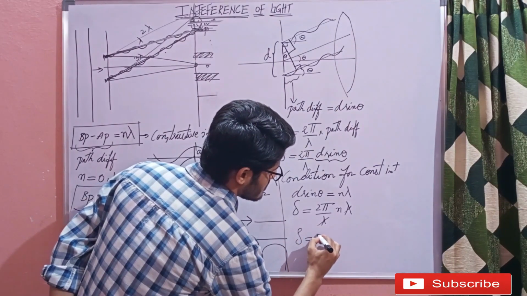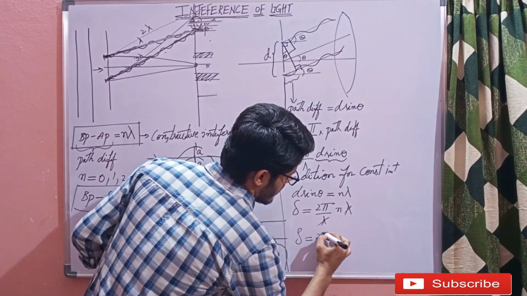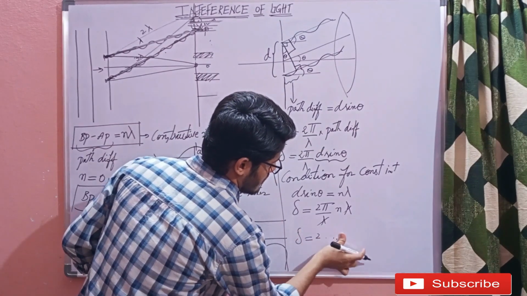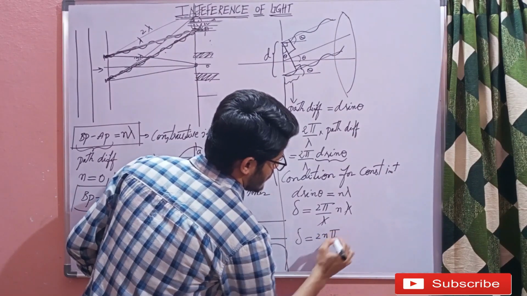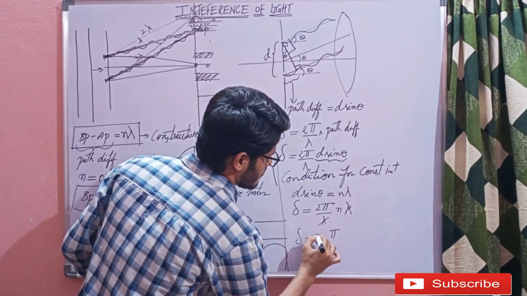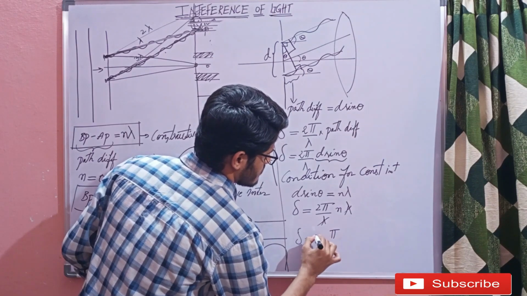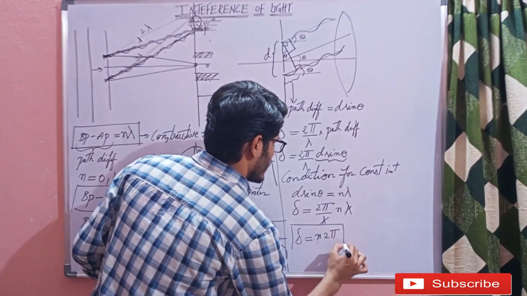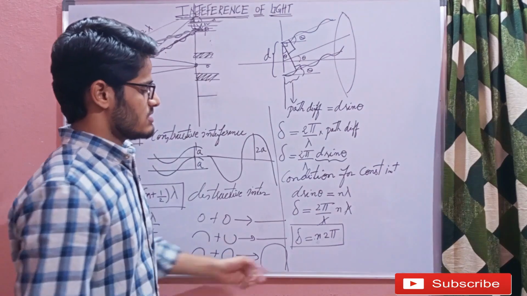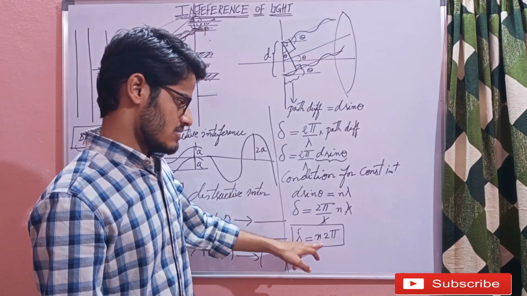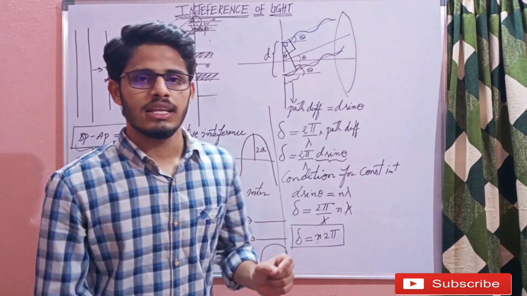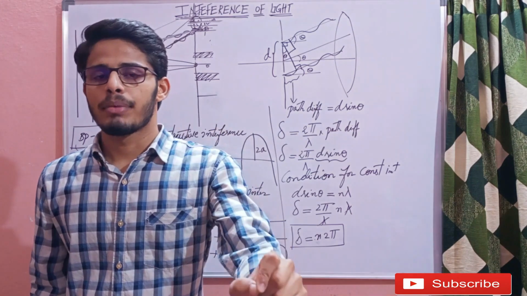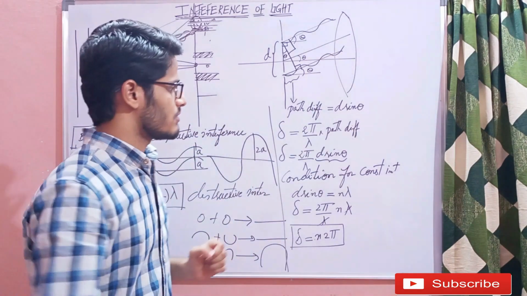The phase difference should be 2 n pi. Okay, if the phase difference between any two rays is this 2 n pi, then it is sure that you are going to get a bright spot or constructive interference there.